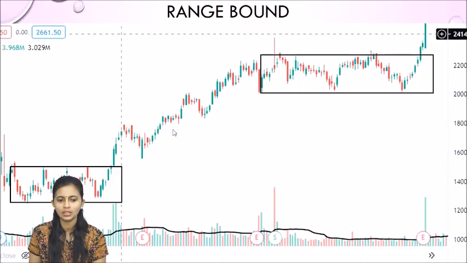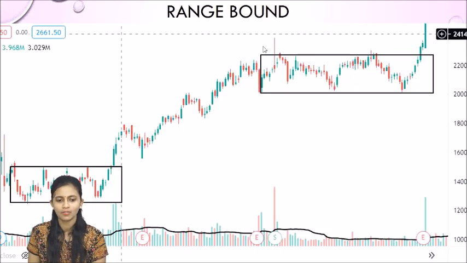So again after a rally, you can see here it became range bound, right? Now what does this mean? You may think that here they have purchased, right? The people with large capital, say like FIIs, have bought over here, and here what they are doing is booking their profits, because the stock has made a very good rally, right?